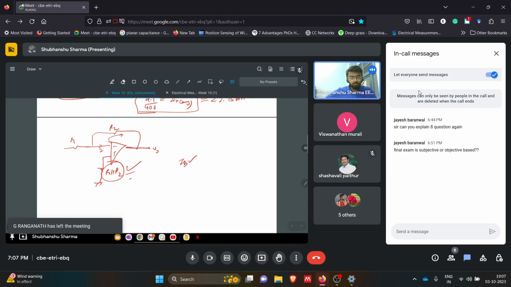For offset correction, we will have these terminals open for this operational amplifier. Let's say there is no voltage being given to this, and if we are still getting some voltage at the output, then we use a potentiometer. There is a pot attached somewhere like this.